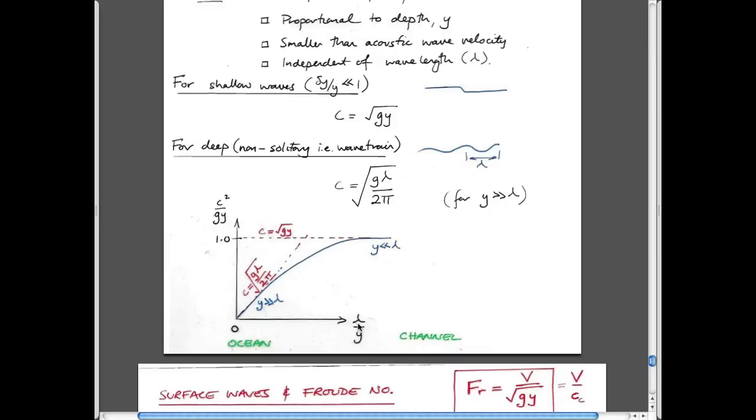If the depth of the channel is small compared to the wavelength of the wave, say you're in a river, then this is a pretty good approximation for the velocity of the wave. If it's very deep compared to the wavelength, and the wavelength may be kilometers in size for an open ocean wave, but if the sea is 5 kilometers deep, then this isn't such a good approximation, and the wave speed is less.